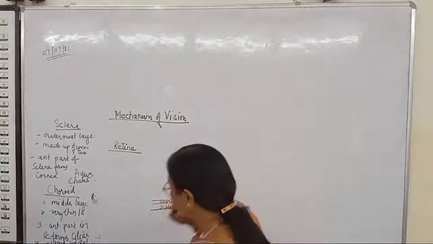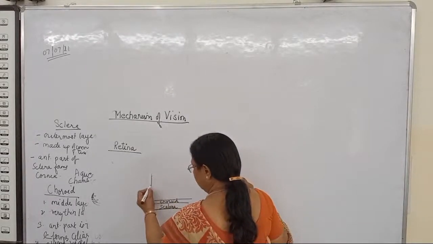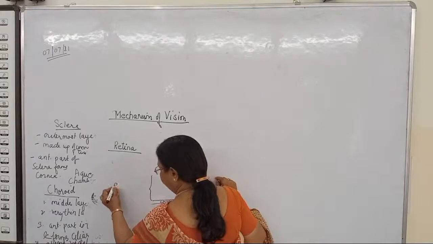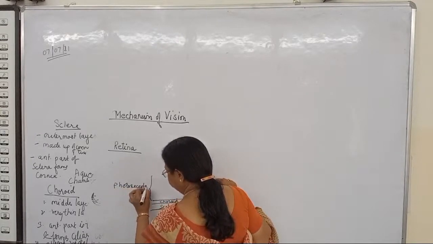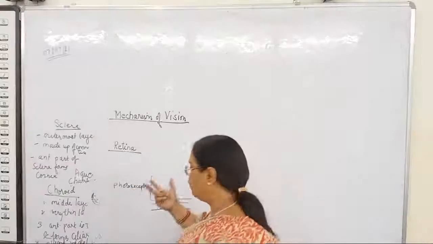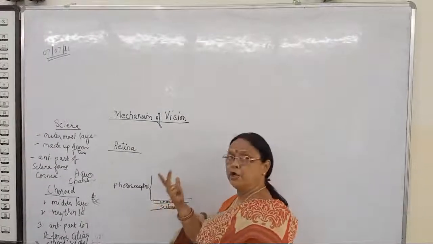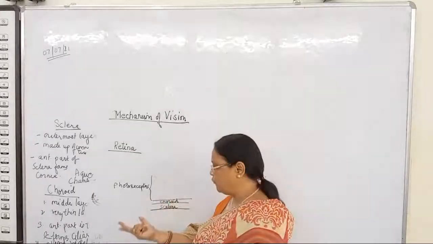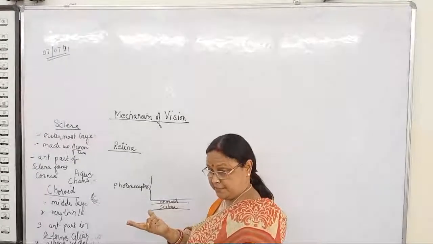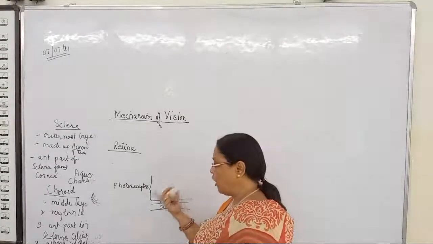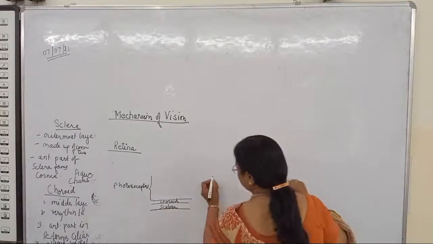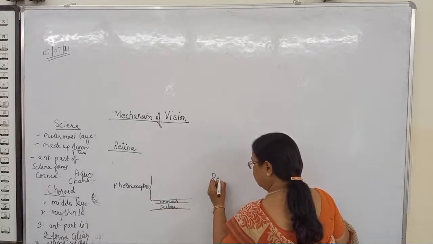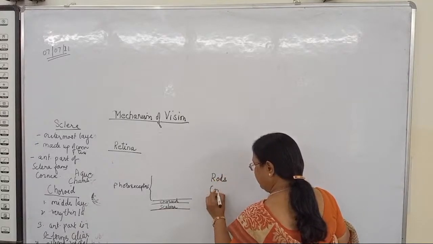Now in the retina, you have the photoreceptor layer, or the photoreceptors. Now you know that in the eyes there are two types of photoreceptors. The eye itself is a photoreceptor, and in the retinal layer you have photoreceptor cells, which are of two types: one is the rods and the other is the cones.